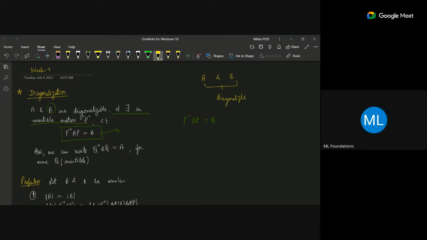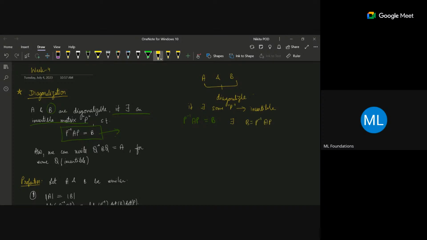We are saying A and B are similar if there exists some P, and this P is a matrix that cannot be any general matrix. It should be invertible. If such an invertible matrix P exists, then it will imply that B equals P inverse AP. This is what it means.